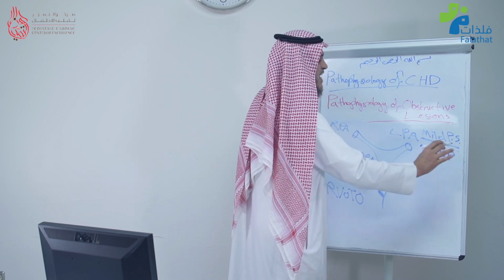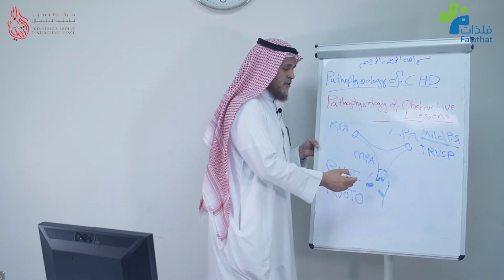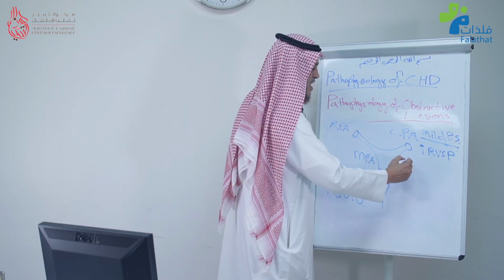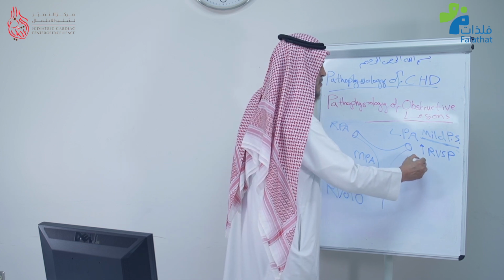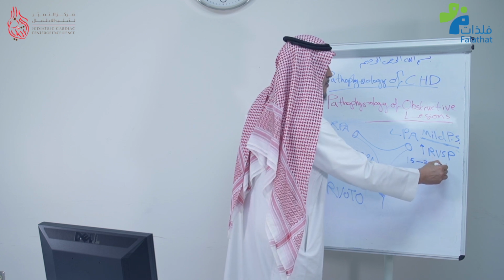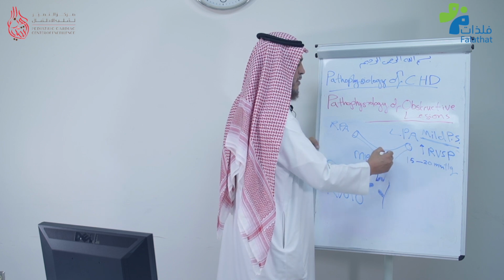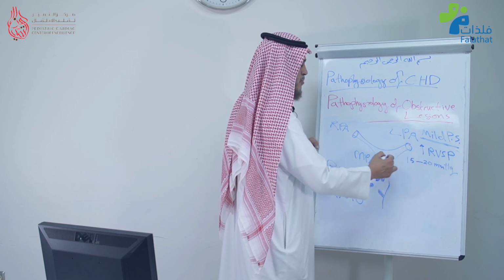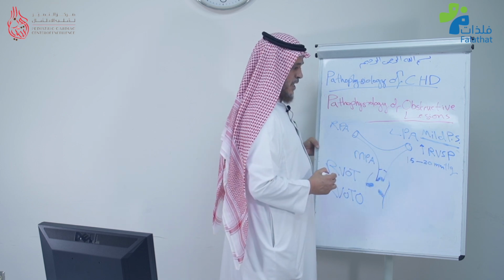And that's probably it. Nothing more than that. Normal right ventricular pressure is anything between 15 to 20 millimeter mercury, with a pulmonary artery pressure of almost equal numbers.